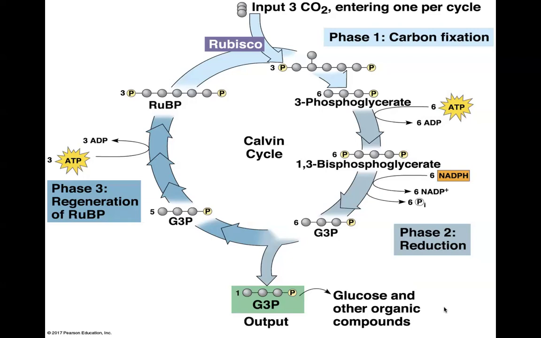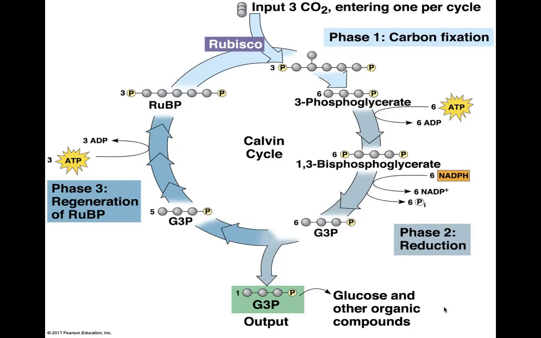Now, keep in mind that for every 3 molecules of RuBP, you will be adding 3 molecules of carbon dioxide to then make 6 of these 3-carbon molecules. This simply represents the overall balanced equation. What I would like you to understand is that you have a 5-carbon molecule that is going to have carbon dioxide added to it.